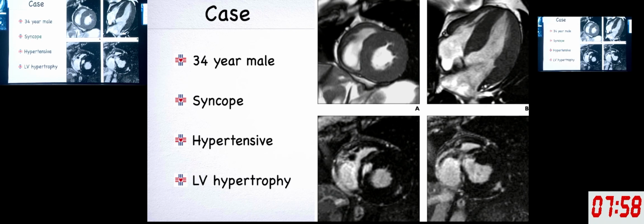This is one entity we don't see that often in India. If you do not have T1 mapping, you will not pick it up most of the times, whereby you will see circumferential LV hypertrophy.